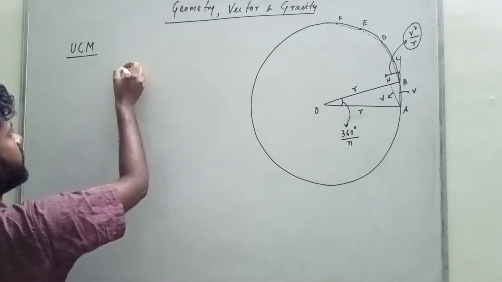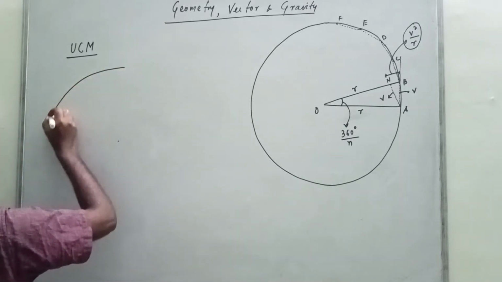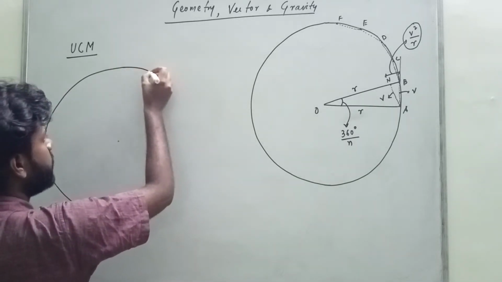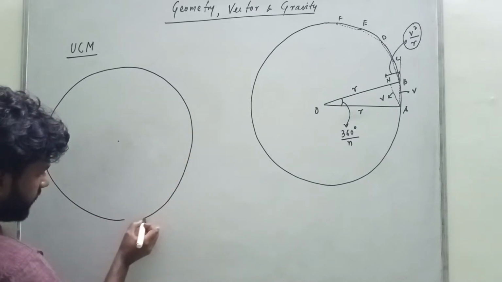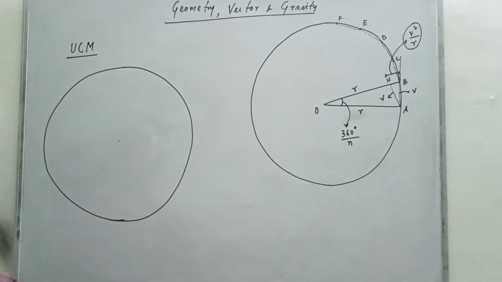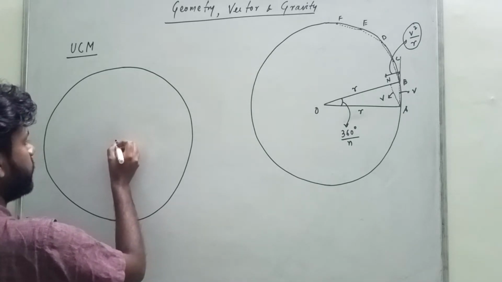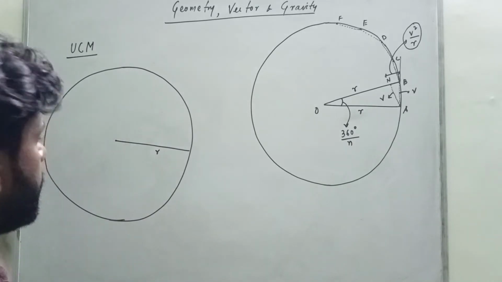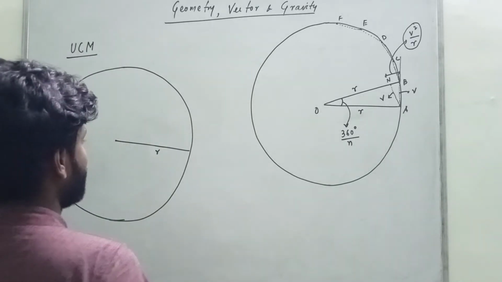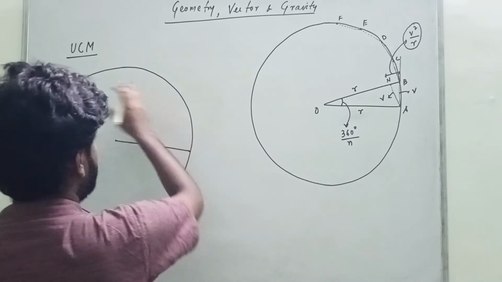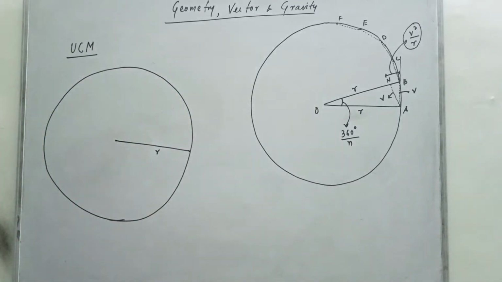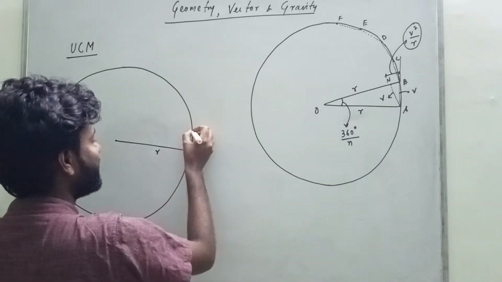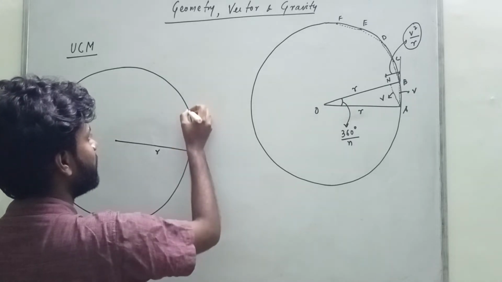The particle traces the circular path of radius r with a speed v, right? Now I inscribe an n-sided polygon in it.